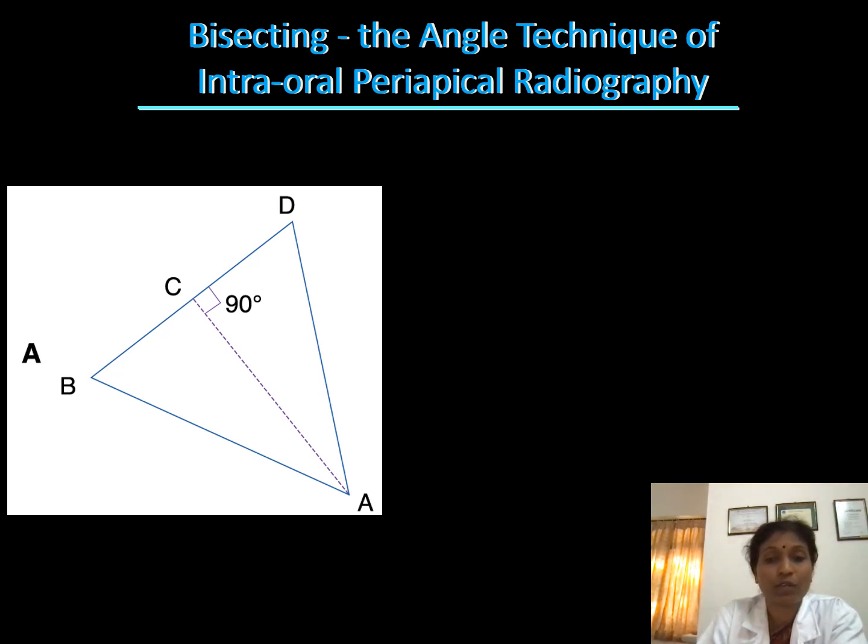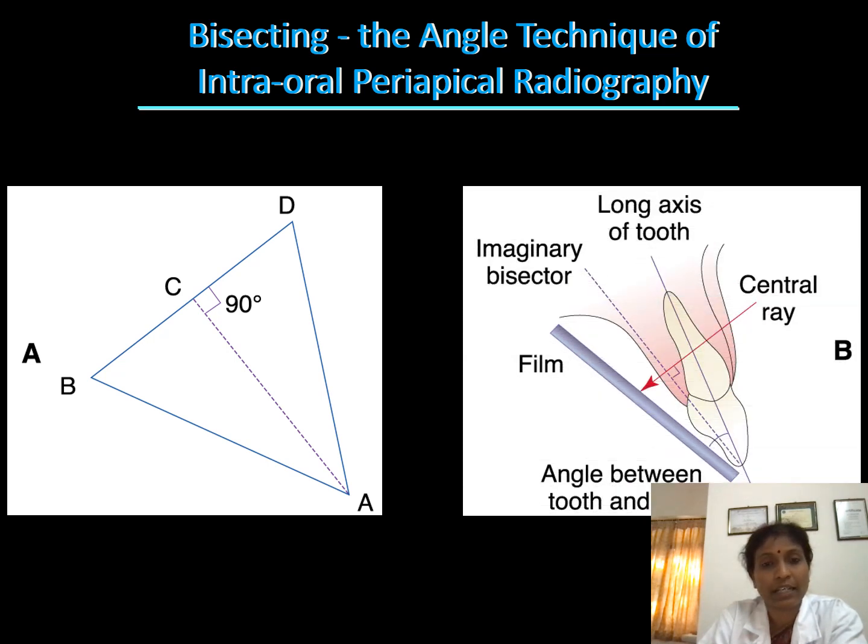The same rule is incorporated in the bisecting angle technique: when a film is placed as close as possible to the teeth, a triangle is formed between the film and the teeth. This triangle is divided by an imaginary line called the bisector. The central ray directed from outside should be perpendicular to this imaginary bisector line in order to have an image of excellent quality with minimum distortion.